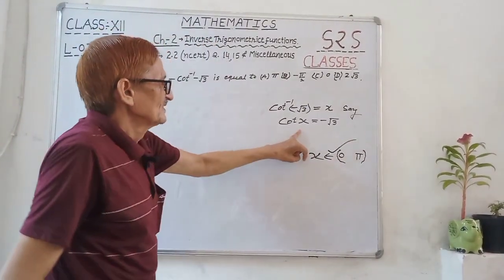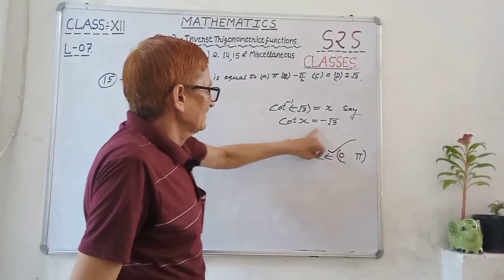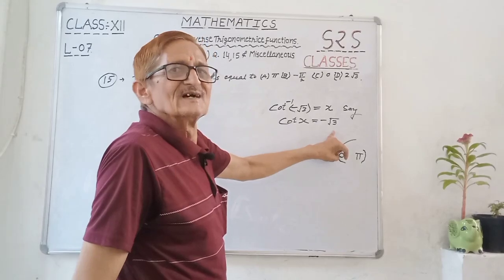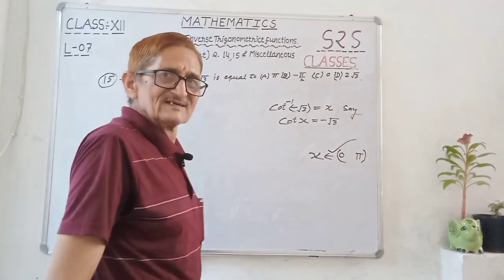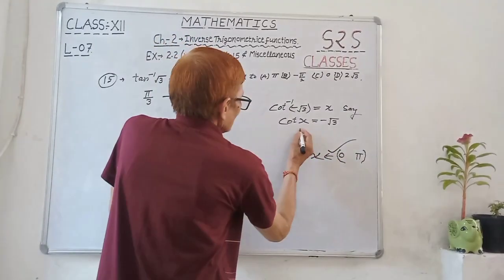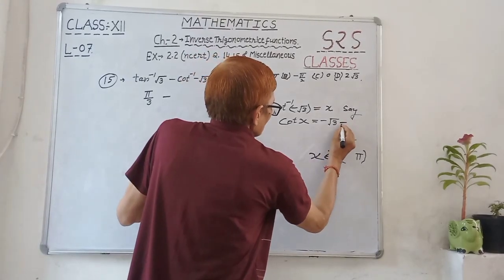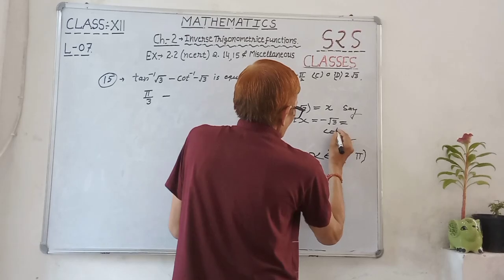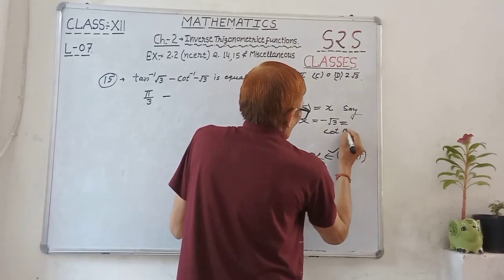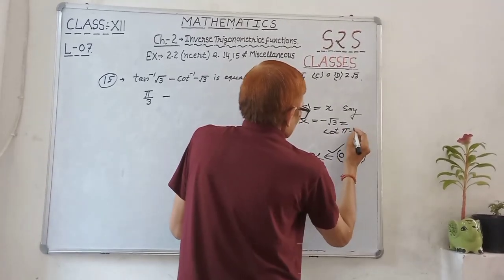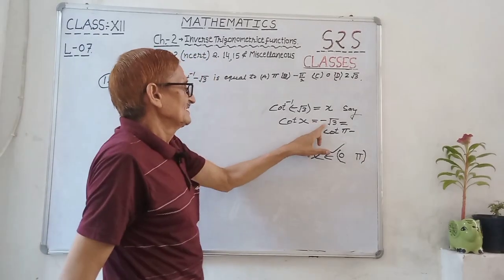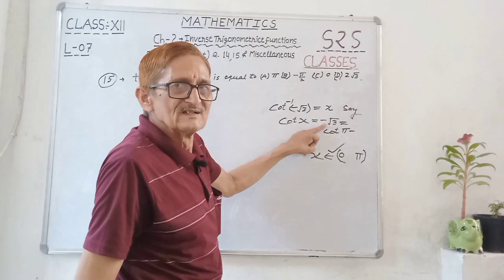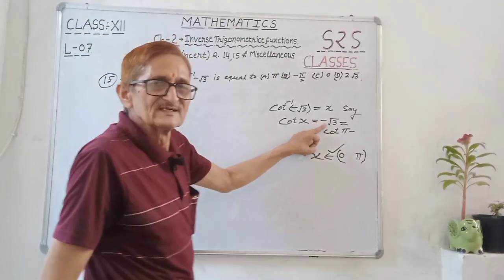So cot x is minus root 3, x is in the second quadrant. In the second quadrant we can write cot of pi minus theta, where cot of theta is root 3.